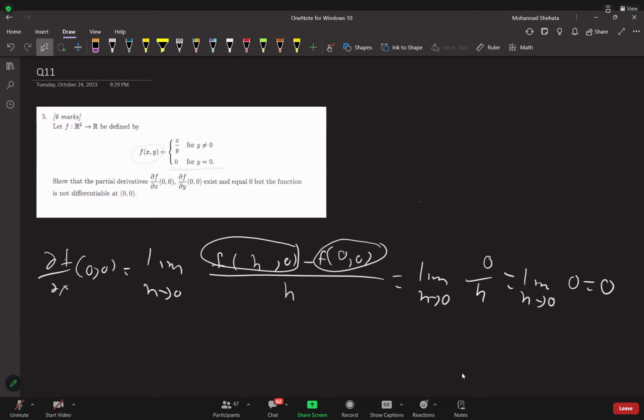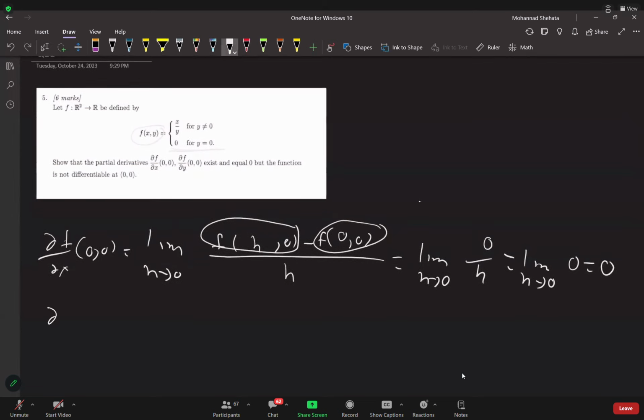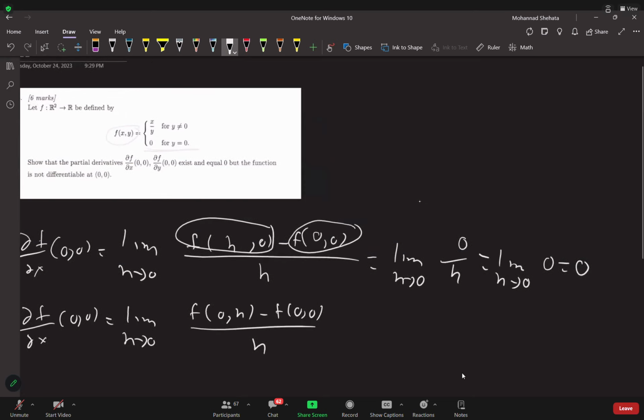Let's try the partial derivative with respect to y. The definition would be the limit as h approaches 0 of f of (0, h) minus f of (0,0), over h this time. The second point is 0, right?